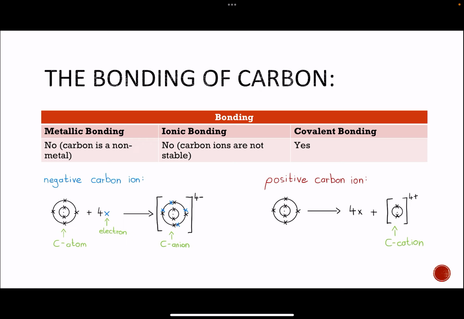But accepting 4 electrons is very difficult because the 4 negative extra charges are simply too much for the carbon atom, and a theoretically 4 times negatively charged ion cannot be stable because the positively charged nucleus cannot hold the 4 extra electrons. The repelling forces are far too strong within the electronic shell.